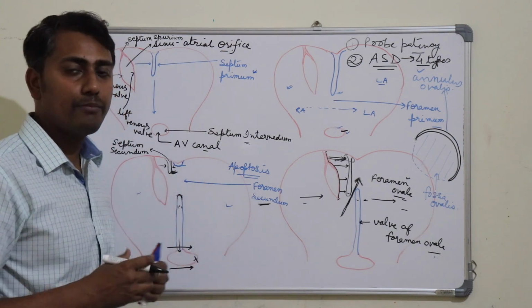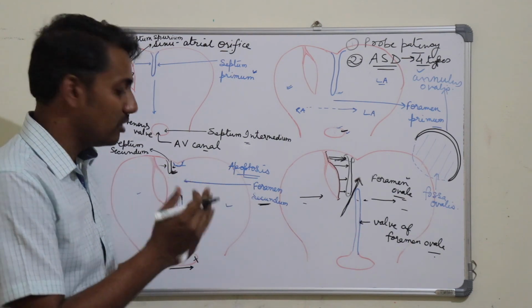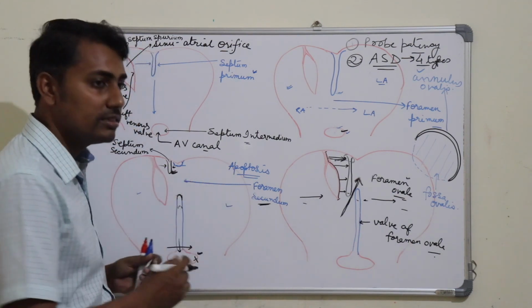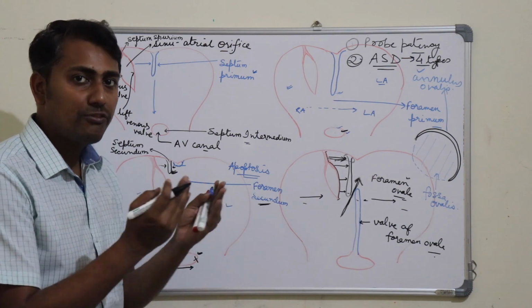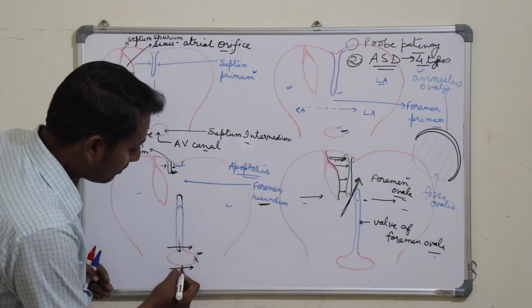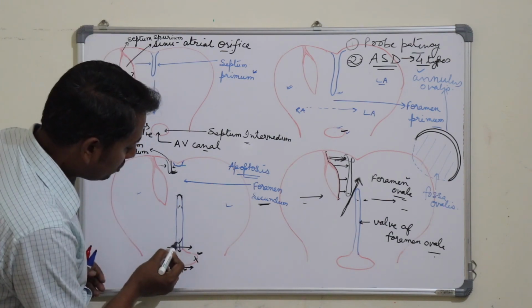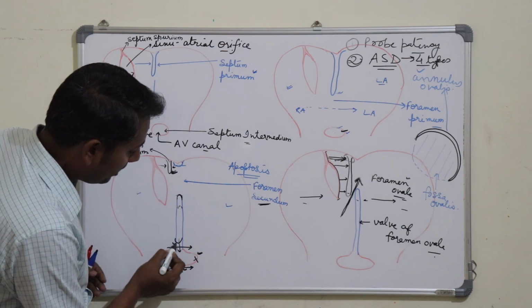There can be another type of endocardial cushion defect in which there is a partial fusion of this endocardial cushion, in which due to the partial fusion, the membranous part of the interventricular septum has formed, but the septum primum has not fused with the endocardial cushion.